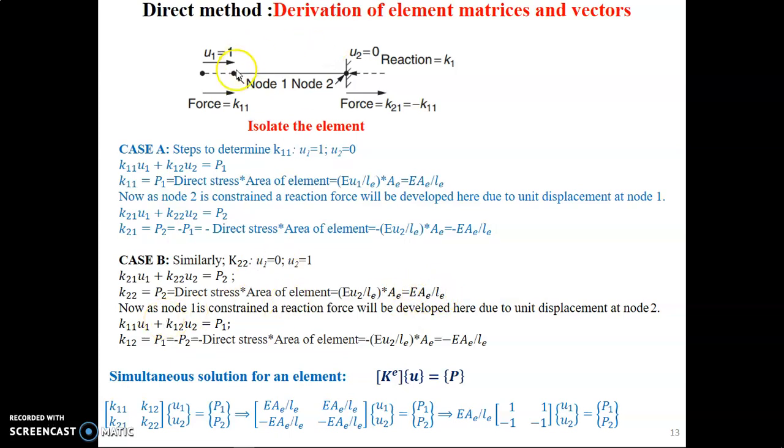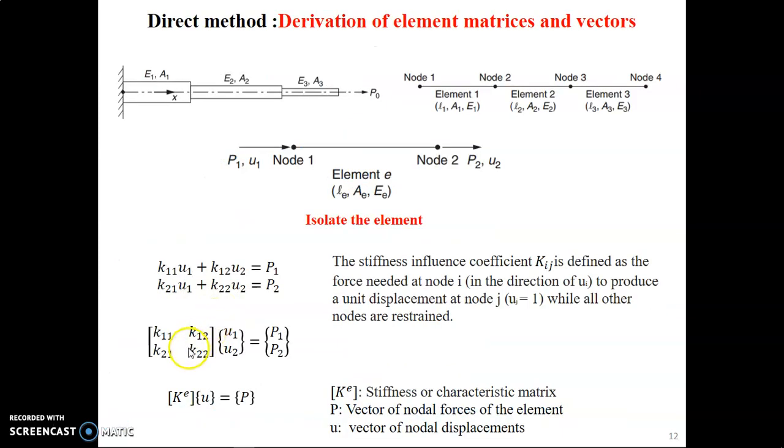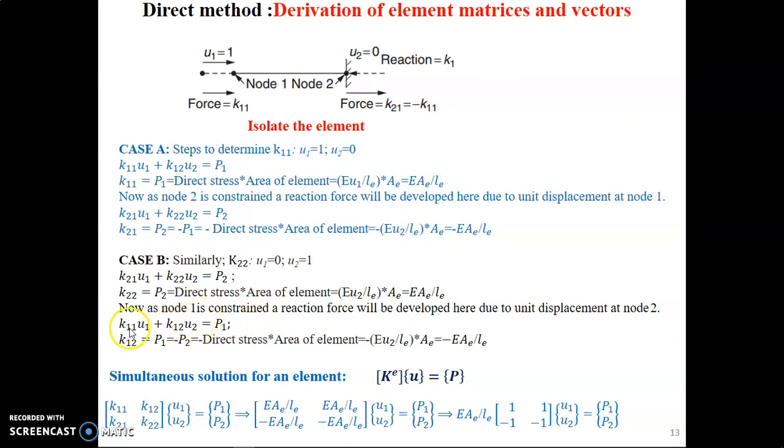Now as node 1 is constrained, a reaction force will be developed due to the action of P2 force at node 2. So we will now be using the first equation. In the first equation, U1 is equal to 0 in case B. We will be left with the second term, K12 into U2, where U2 is 1.